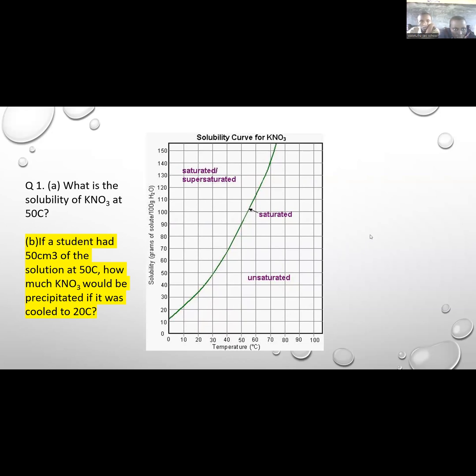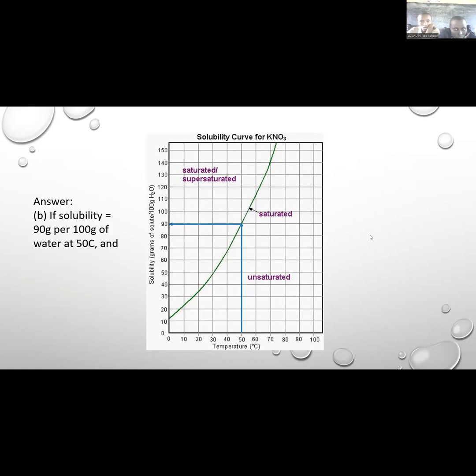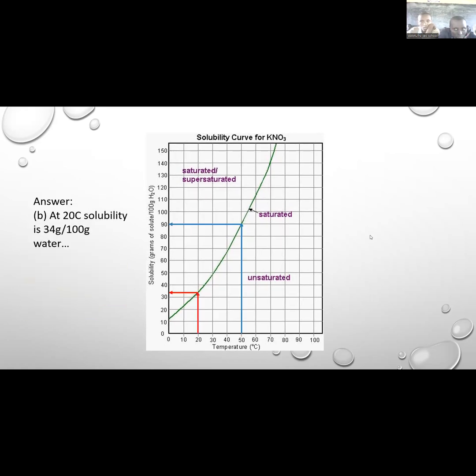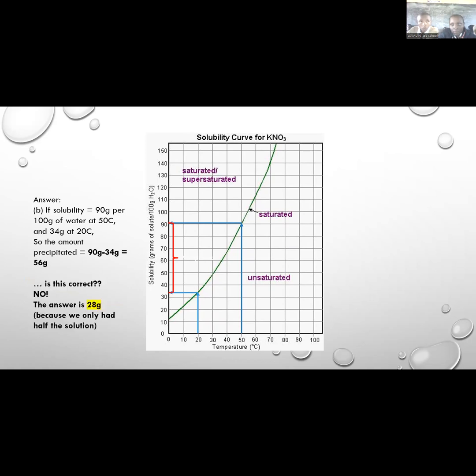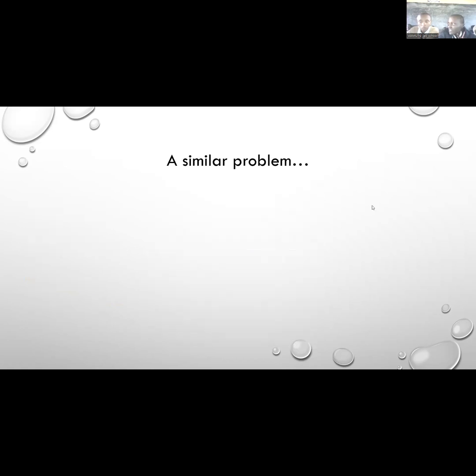If you got about 56, you did the right thing. 90, 34, 56 difference. But the last half a mark will be for going, it's not 56. I only have half the solution. So it's actually 28.